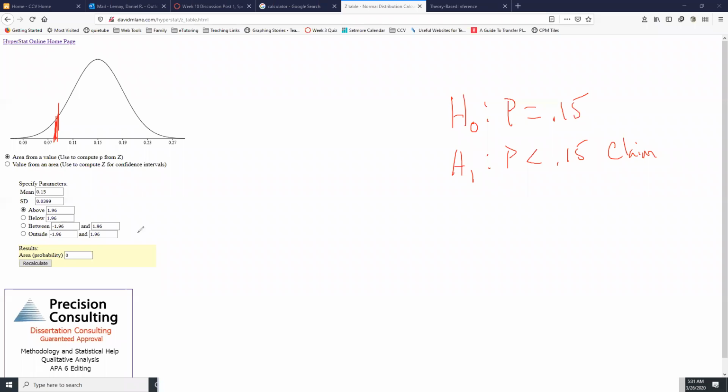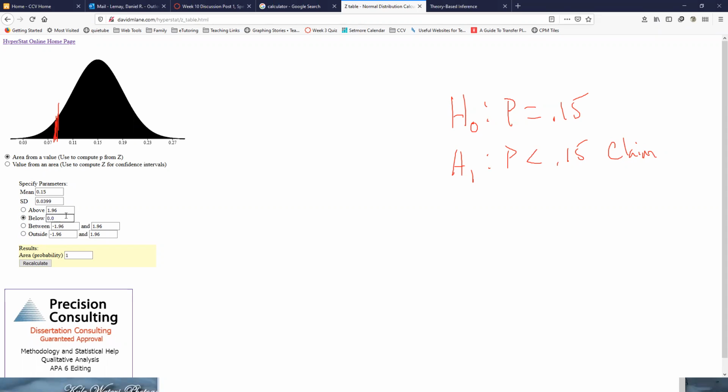Okay, now this calculator will actually do this for us. So why don't I show you? I hesitate to have you use this calculator, but I know the mean, I know the middle. What I'm trying to find is the probability of being below 7.5. So I'm going to go below, and type in 0.075, I've got it in proportion form, and let it calculate.